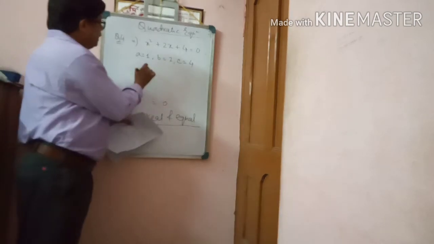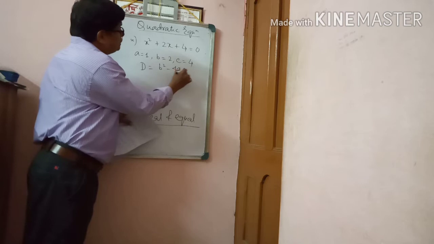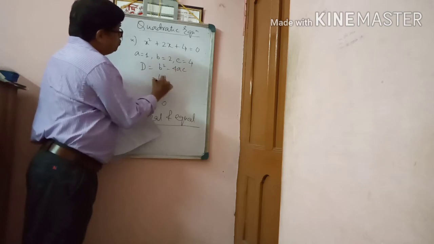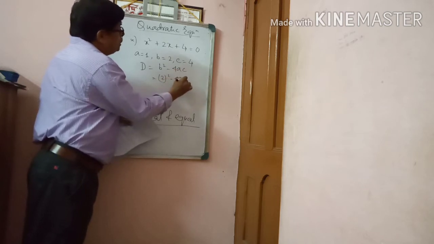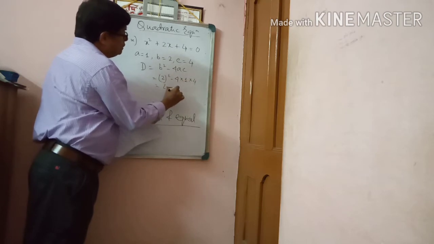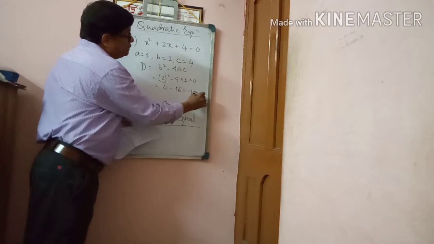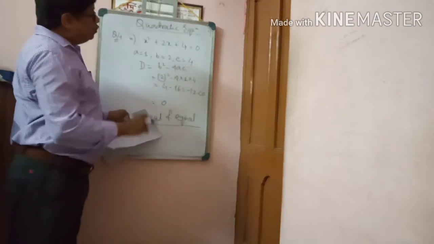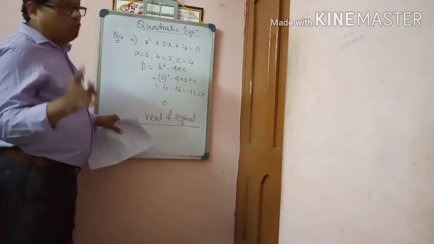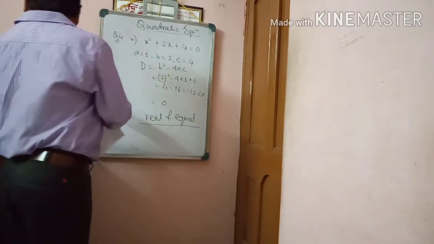D equal to b square minus 4ac, that is 2 whole square minus 4 into 1 into 4, that is 4 minus 16, minus 12. So less than 0. So the nature of the roots: no real roots.